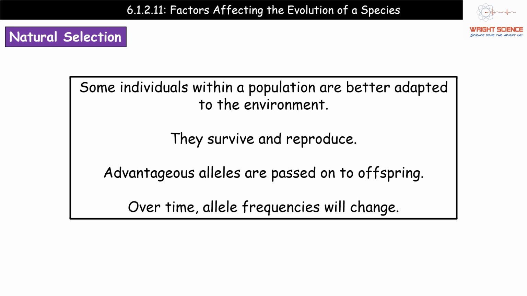And what we see is as that repeats over many generations, then the allele frequencies will change and they'll actually start to favour those advantageous alleles. They become more prevalent within the population, and those that are not advantageous, that may even be disadvantageous, are going to decrease in frequency. So as a result of this natural selection, the allele frequencies within any given population will change.